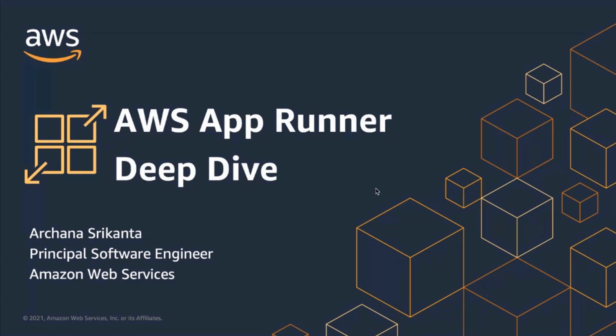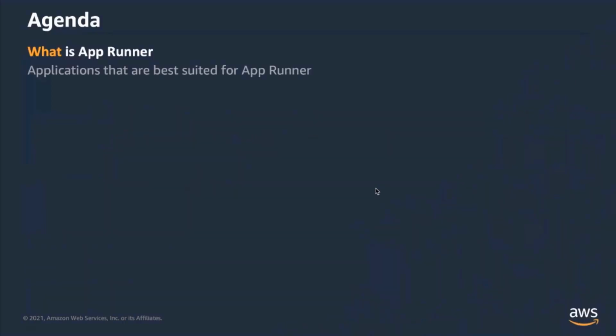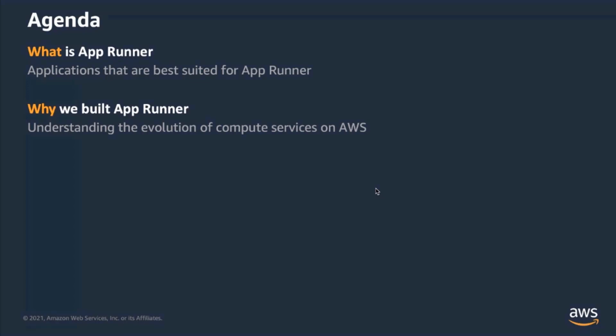So today we're going to do a deep dive on App Runner, starting with the general introduction of what App Runner is and the application types that are best suited to run on App Runner. And then we'll walk through a little bit of a history of the compute services that we've built on AWS to understand why we built App Runner and where it fits in that spectrum of compute services.